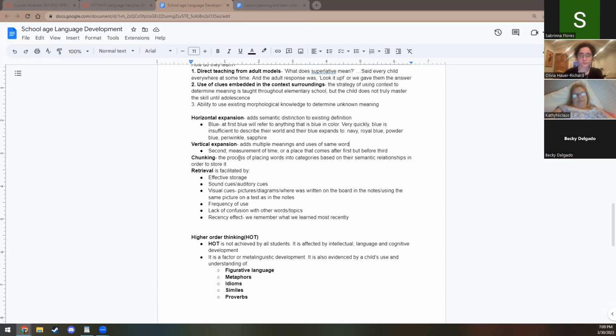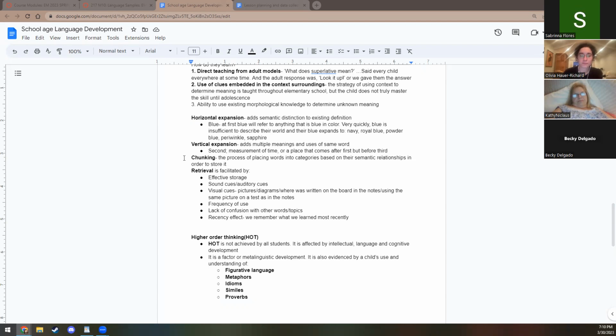And then the vertical expansion adds multiple meanings of the same word. The example I use is second. Second could be a measurement of time, or it could be a place that comes after first but before third.